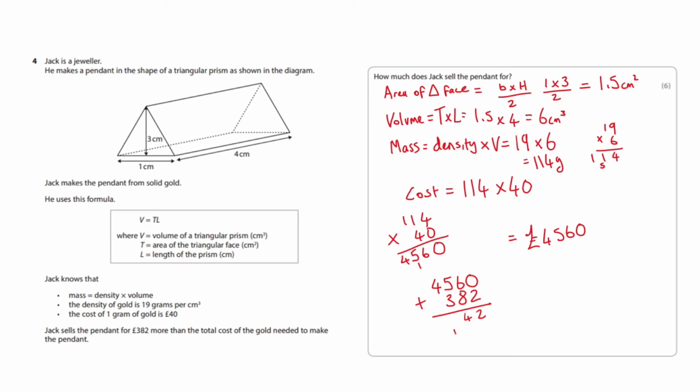Carry the 1. 5 plus 3 is 8, plus 1 is 9. And then we bring the 4 down. And there we have our complete answer. Jack will sell this triangular prism for £4,942.